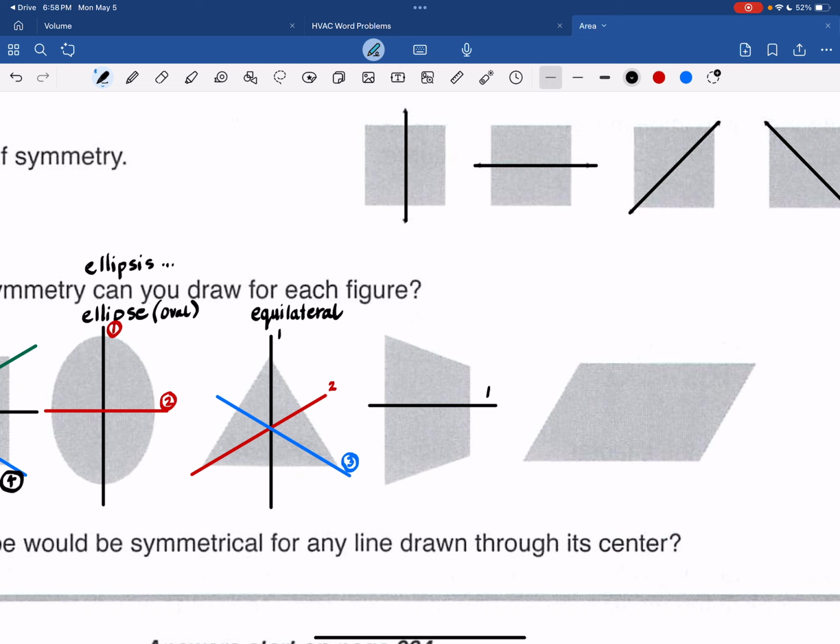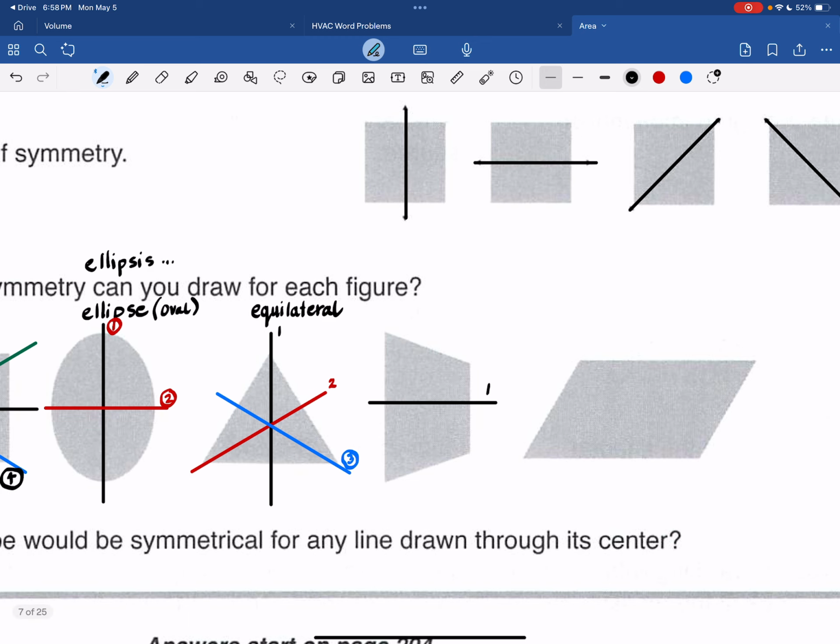Do not draw this. Just look at this. If I were to go from corner to corner, if that were a mirror, those 2 sides are not reflections. Now, you could make them fit, but they're not reflecting as symmetrical. So this one has none.